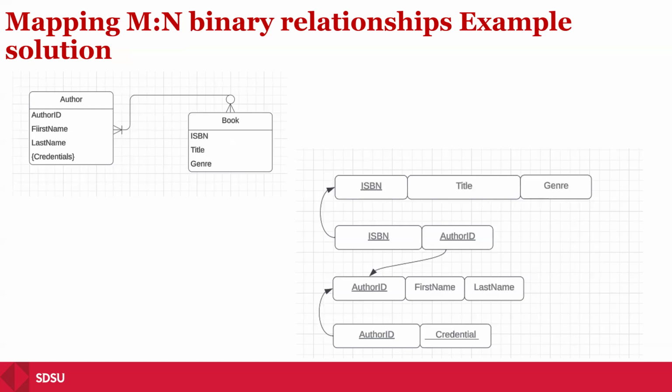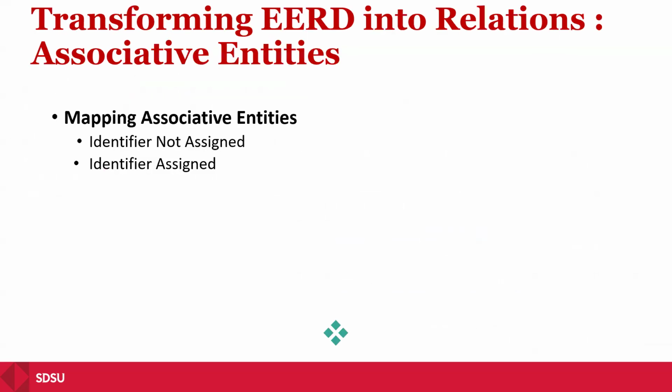It's going to have ISBN, a foreign key to the book, and it's going to have an author ID, which is going to be a foreign key to author. Both of those attributes, ISBN and author ID, will represent a composite primary key of the author book relation. All right. So this is a little more complicated, but if we follow the rules, we should be able to identify how to map those relationships.